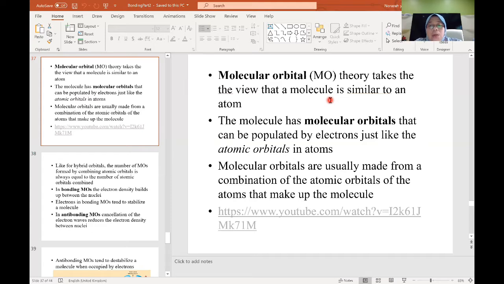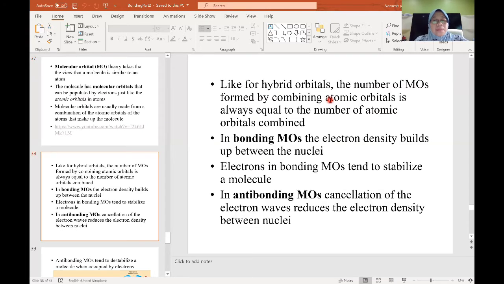That is how you use the same principles to arrange the electrons involved in the molecule in the molecular orbitals. If you look at this, there are a few terms that you have to understand.